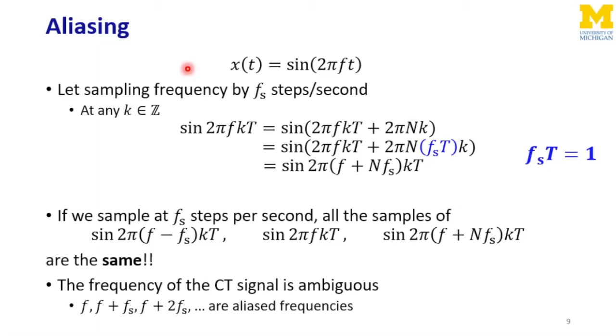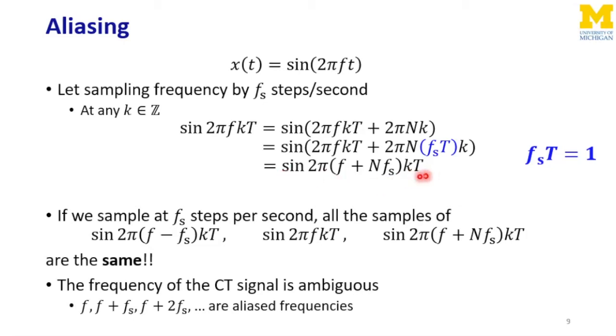Let's suppose you have a sampling frequency f sub s steps per second, and you were to sample the signal x, which is one harmonic of frequency f. You can check this math, and this basically is saying that at any step k, sine of 2 pi f kt, which is our signal x, is actually equal to sine 2 pi (f plus N times f sub s) kt.